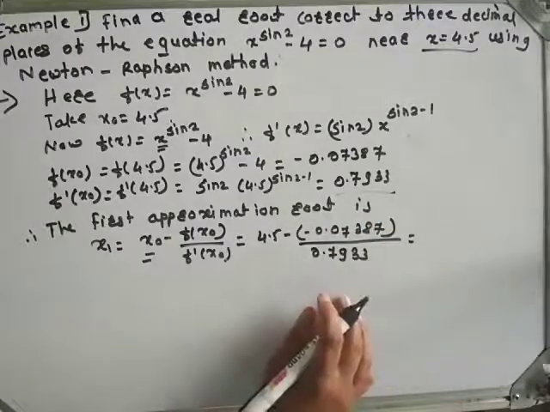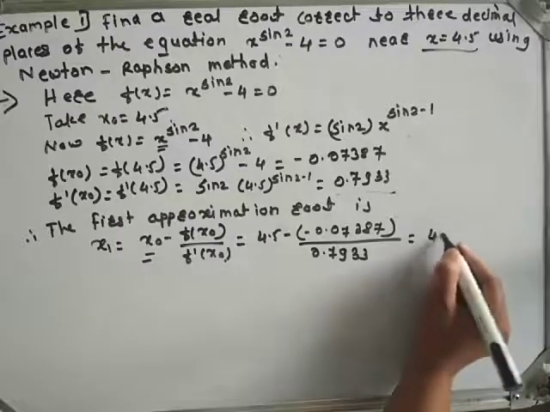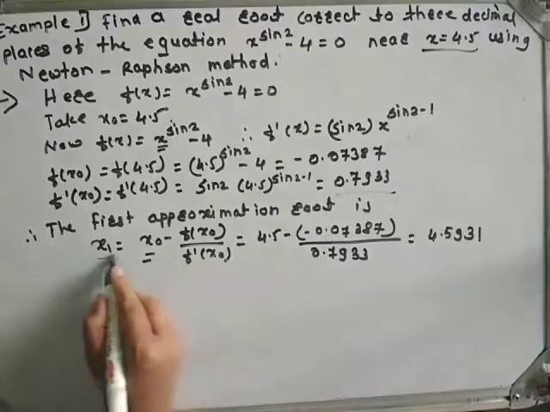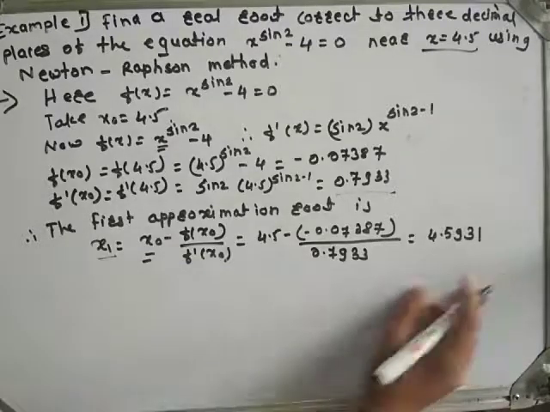After calculating this value on the calculator, we get 4.5931. This is the first approximation root.